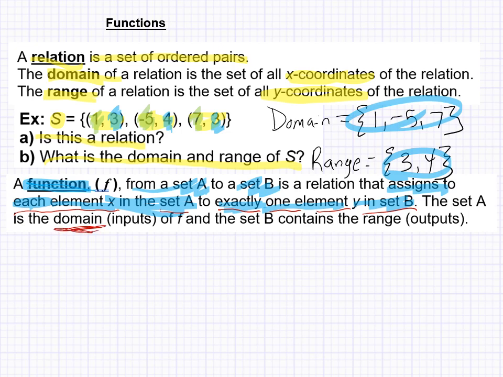We call those the inputs. And that second set B is the range, or we call those the outputs. And there are reasons why we use those terms input, output. We'll talk about that later.